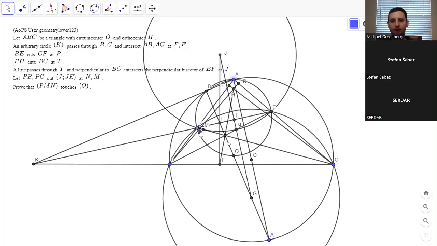We just have angle PNM is angle MFE, which is, sorry, I had it for a second. Which is MFE, which is CFE, which is CB. And so yeah, it's just Reim's theorem. Yeah.